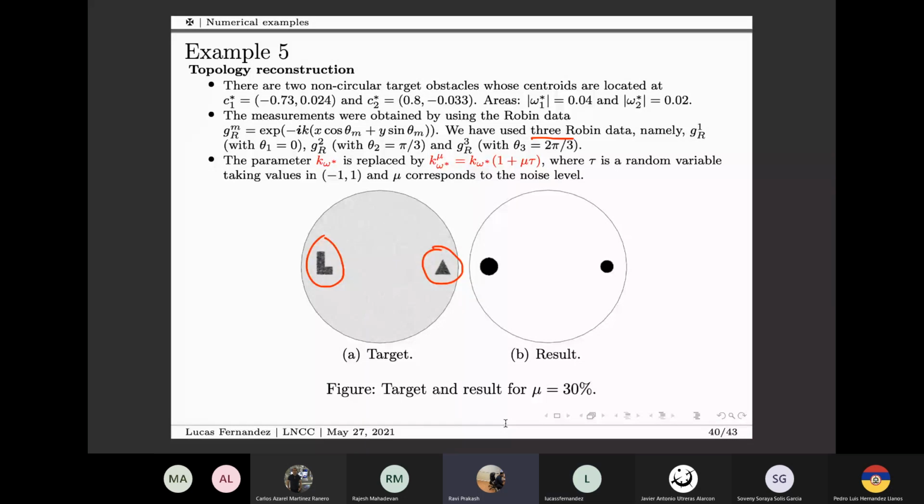Number 3, for the engineers, if we observe just in the slide which is here, example 5, even if the unknown obstacle is of L shape or triangular or any other shape, up to some level we can get the volume. So if you can imagine the concept of detecting cancer, or maybe an oil source in the seabed, we can get how much oil or how big the cancer is.